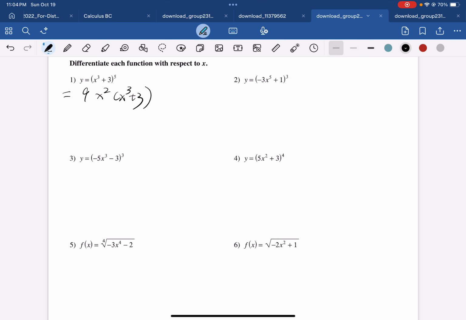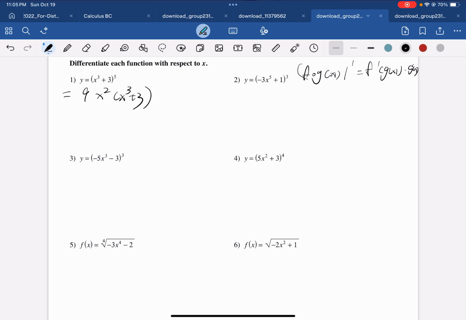Let's do the second one. We just directly use the formula for the chain rule: the derivative of f composed with g equals f prime of g of x times g prime of x.